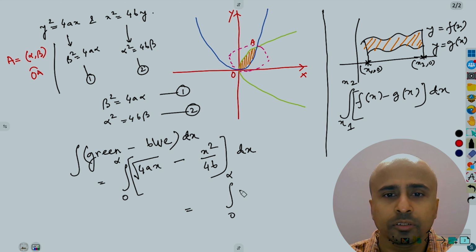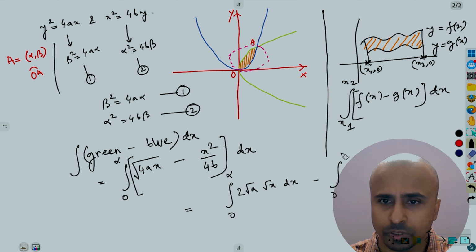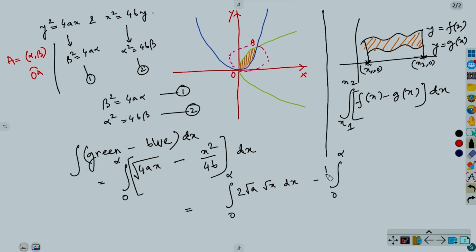Integral from 0 to alpha of 2 root a root x dx minus integral from 0 to alpha of 1 by 4b x square dx. I am simplifying a bit more. Okay, so we obtain this.